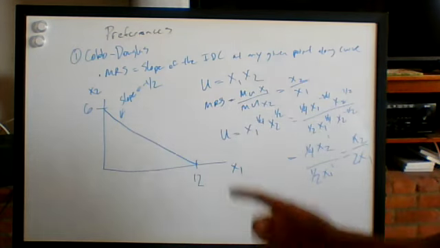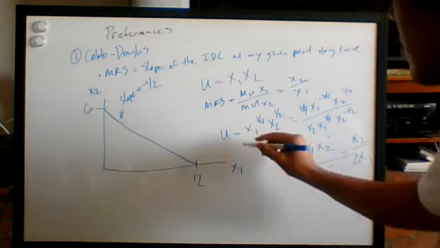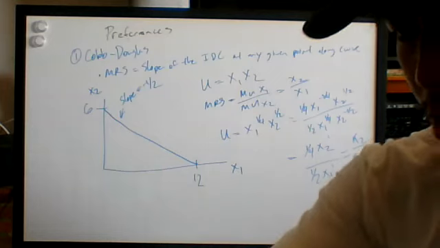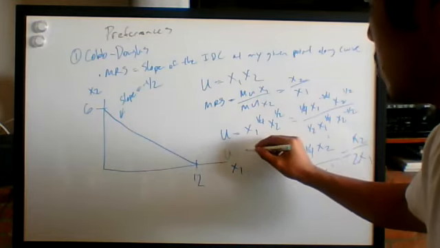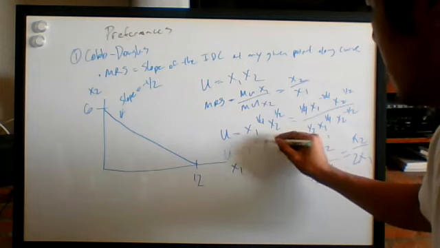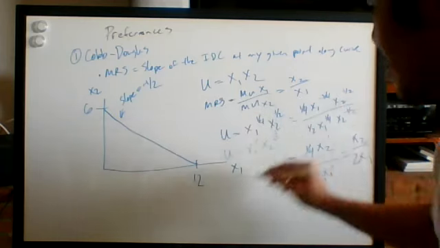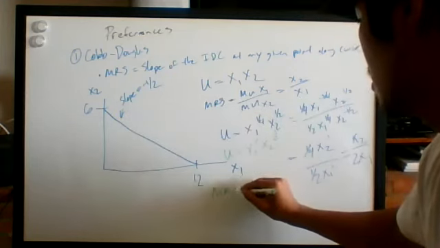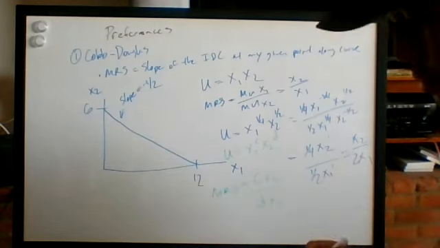Now, what I'll tell you is that there's a secret, and this applies to any sort of Cobb-Douglas. So if you generalize, and I'm going to use a different marker, if you generalize your Cobb-Douglas equation into u is equal to x1 to the c, x2 to the d, where c and d are the exponents, the MRS is just equal to c x2 over d x1, right?